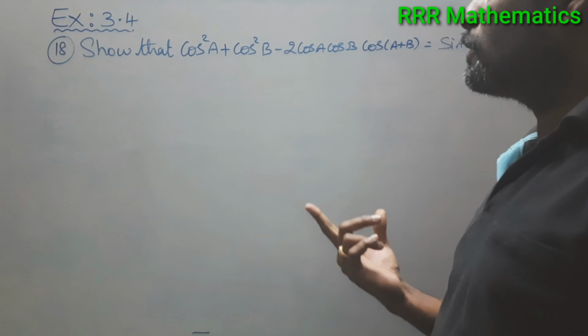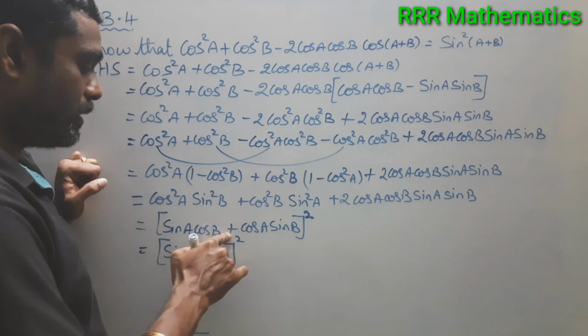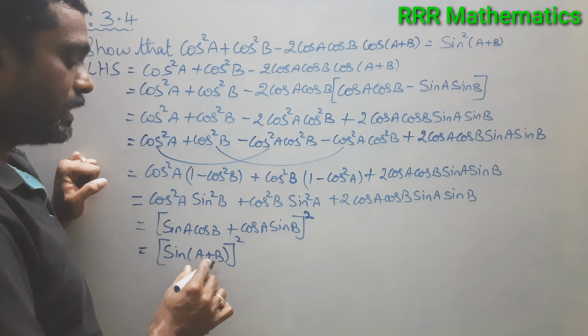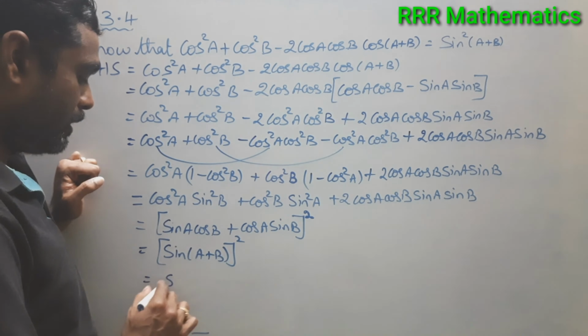I can read this in the form of a plus b whole square: a square is sin square a cos square b, plus 2ab, which is cos a cos b sin a sin b, plus b square, cos square a sin square b, which is nothing but sin a plus b. What is sin a plus b? Sin a cos b plus cos a sin b. I can write sin of a plus b whole square, which is nothing but sin square of a plus b. That is what your right hand side.